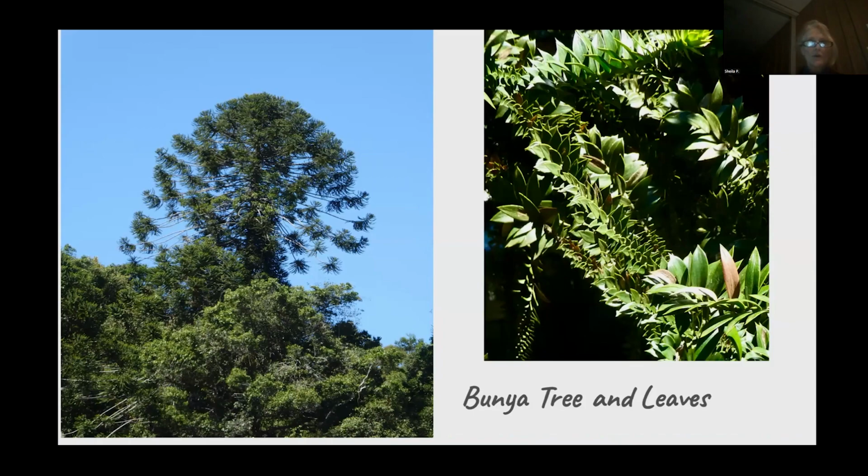It has no leaves on its branches until the very tips of the branches right here. And if you look at the leaves on the right-hand side of the screen, the leaves are actually scales. They are hard and rigid in texture. They have pointy ends.